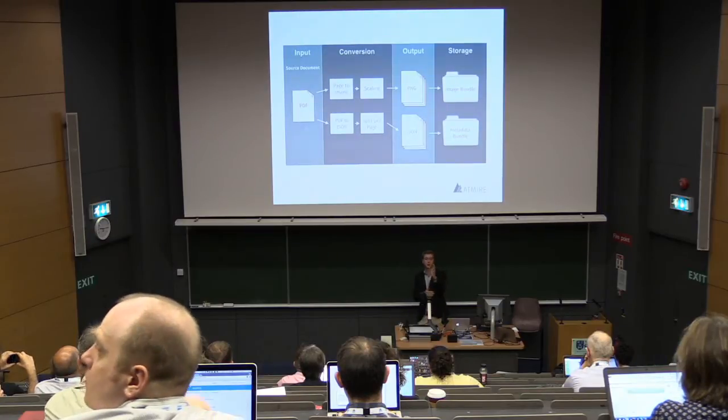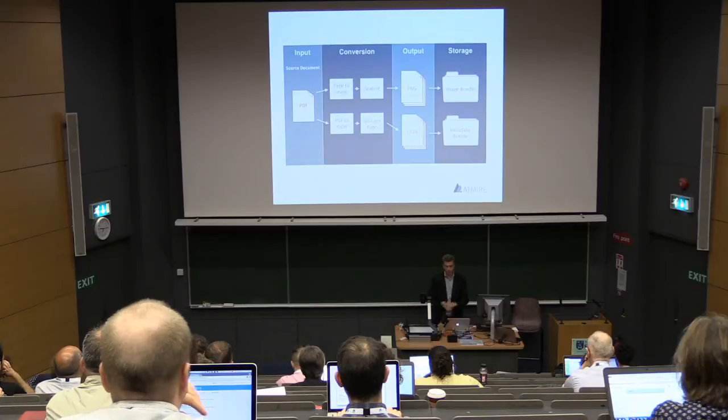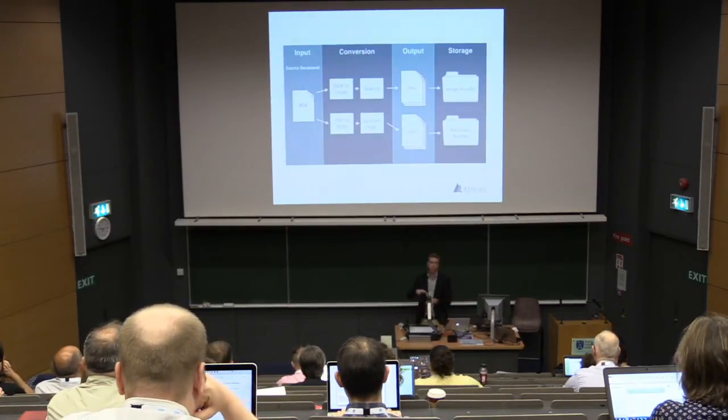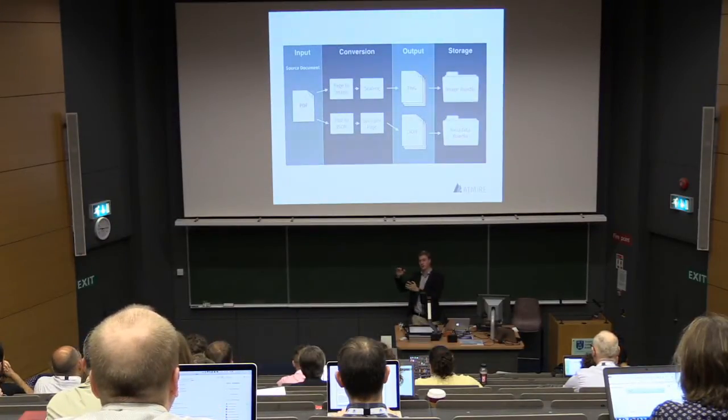And from those files, we can create our search indexes. Once again, after that conversion process, we end up with several JSON files, which are then stored in a metadata bundle.